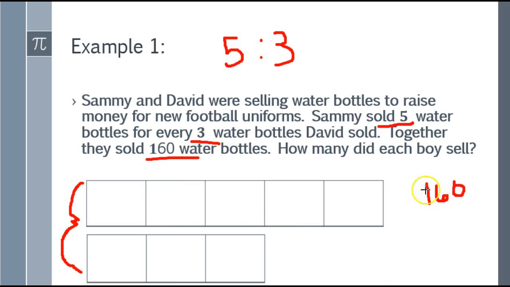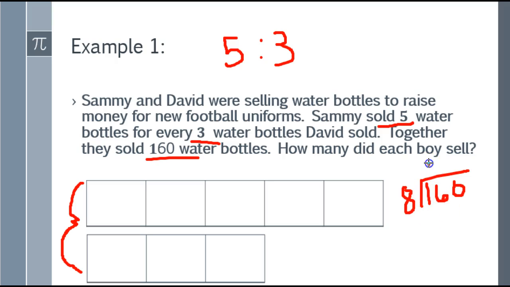I have 8 pieces, so I take the number they sold altogether, 160, and divide it by 8 pieces, because that's how many pieces of tape I have. This will get me down to individual pieces of tape and how much they represent.